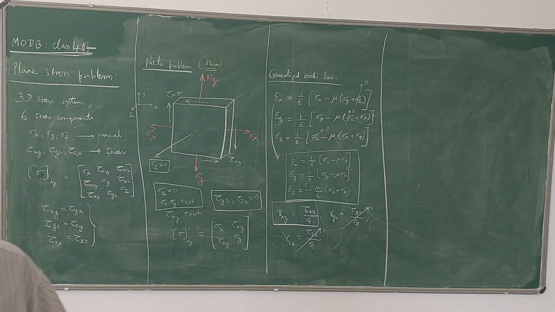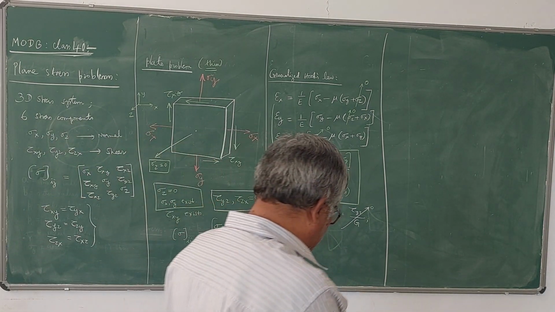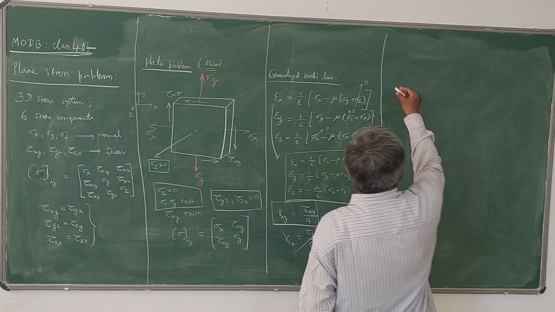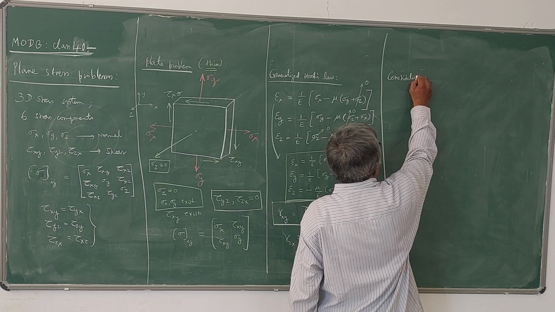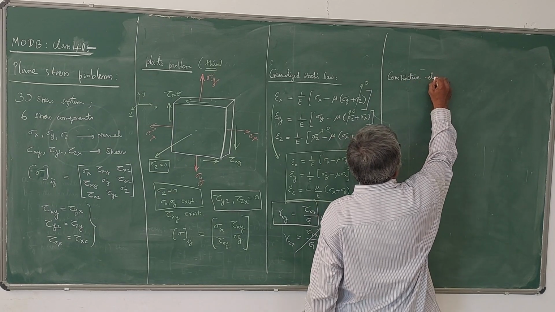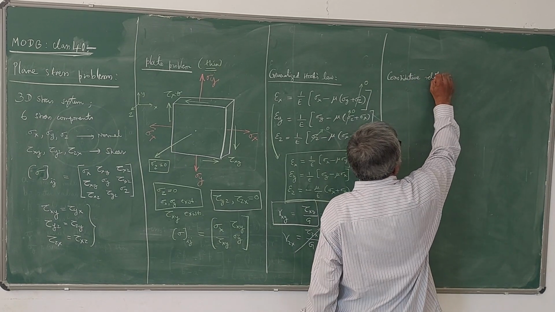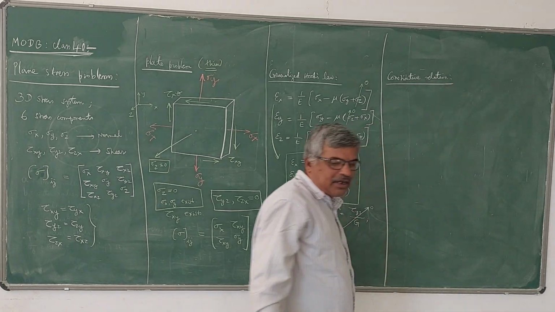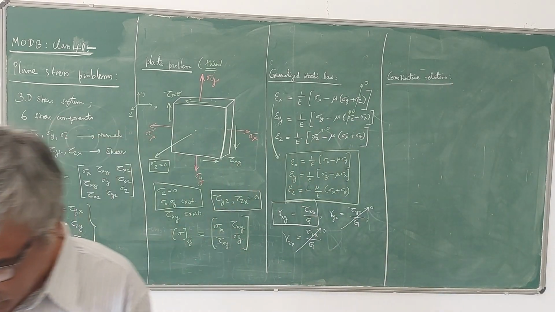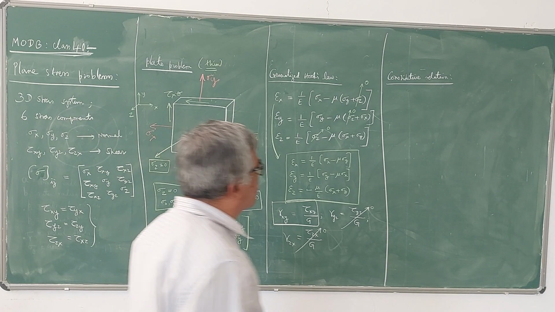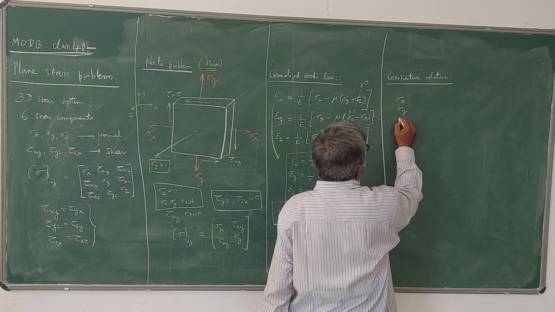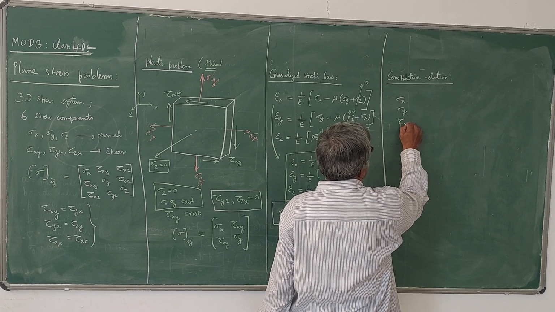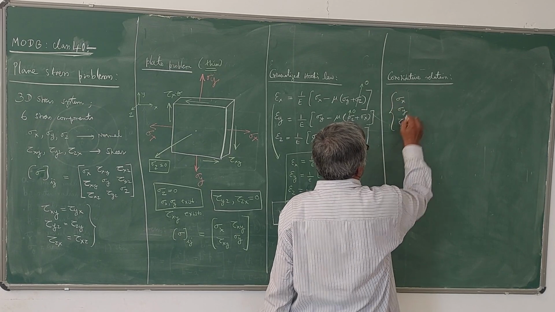relationship, the constitutive relationship, that means if you want to express the stress in terms of strain for a plane stress problem, that is called the constitutive relation. That can be expressed in matrix form. You will have sigma x, sigma y, tau xy on the LHS. These are the stresses for a plane stress problem.